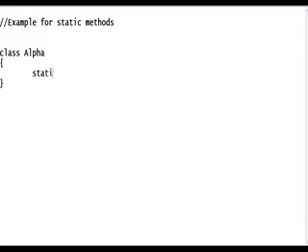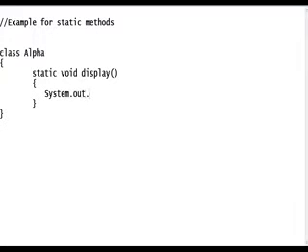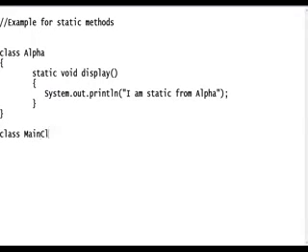Here is a static method, static void display, with a statement System.out.println, I am static from Alpha class. I want to write one more class, the main class. Program execution starts from main, public static void main String args.